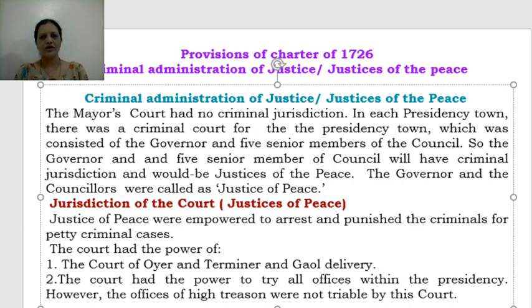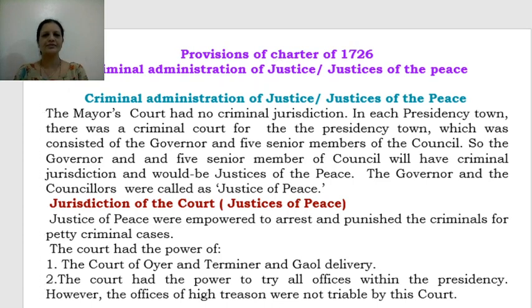So the governor and five senior members of the council had criminal jurisdiction and were justices of the peace. The governor and the councillors were called justices of peace.